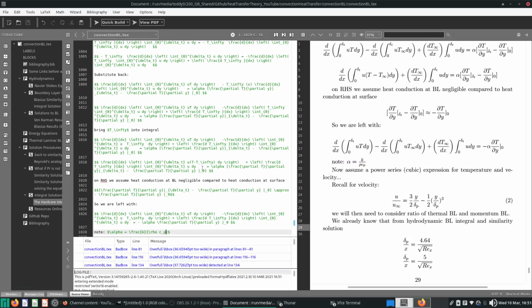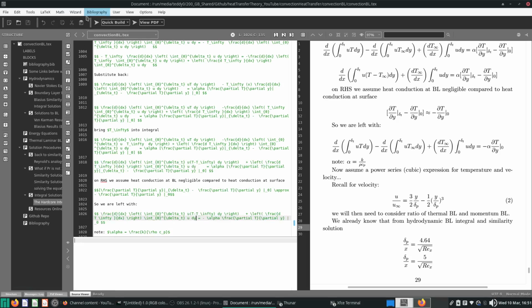Let me copy the left hand side over, because this should be a little more compact than what we are getting. I copied the wrong equation over.